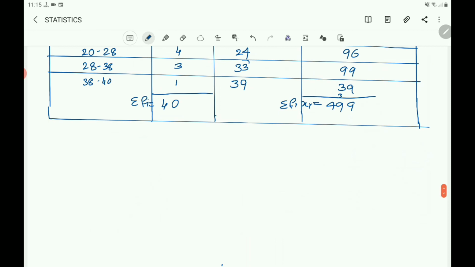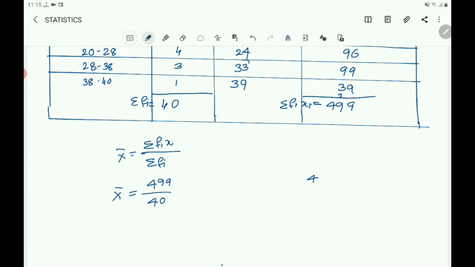Then you write the formula for x bar. X bar equals summation of Fi xi by summation of Fi. Then you will get x bar equals 499 by 40.